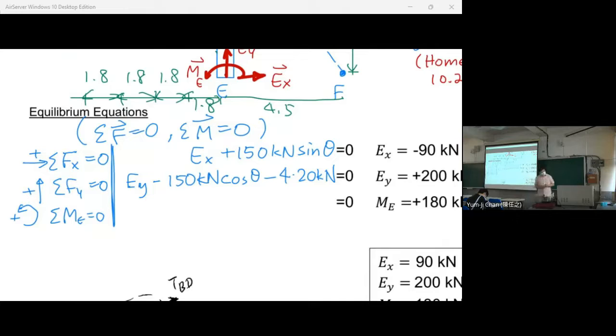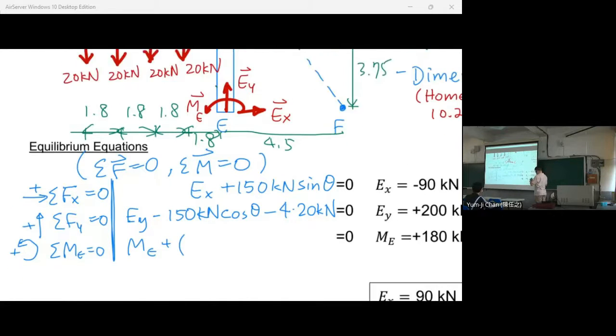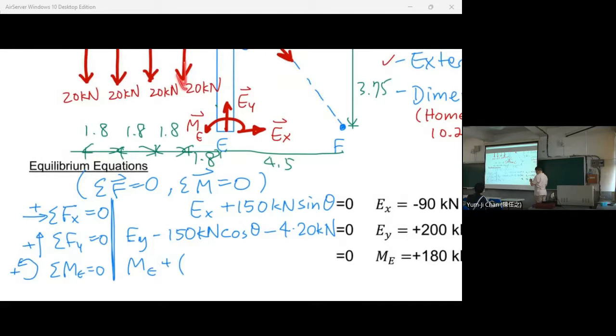Now, M E plus we have the four forces. We have the 4 forces here, so we have 4 forces, and the moment arm can be written down.